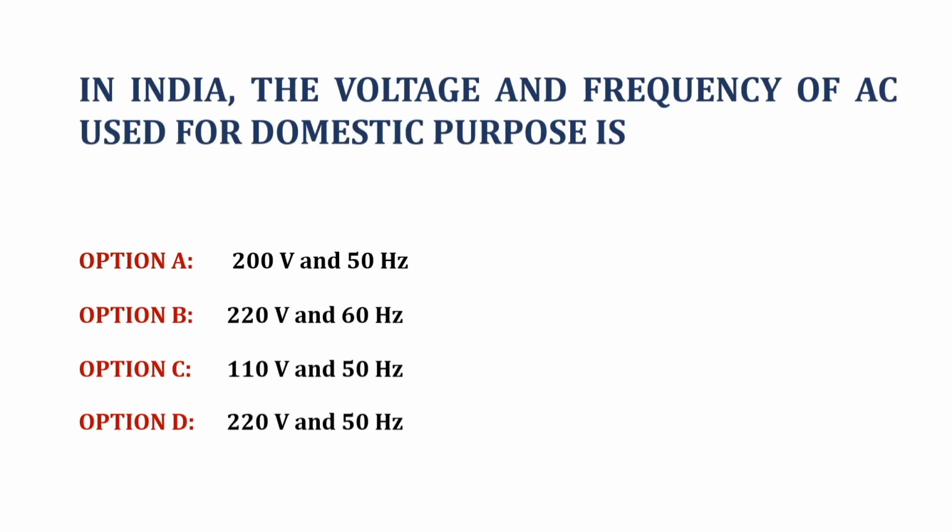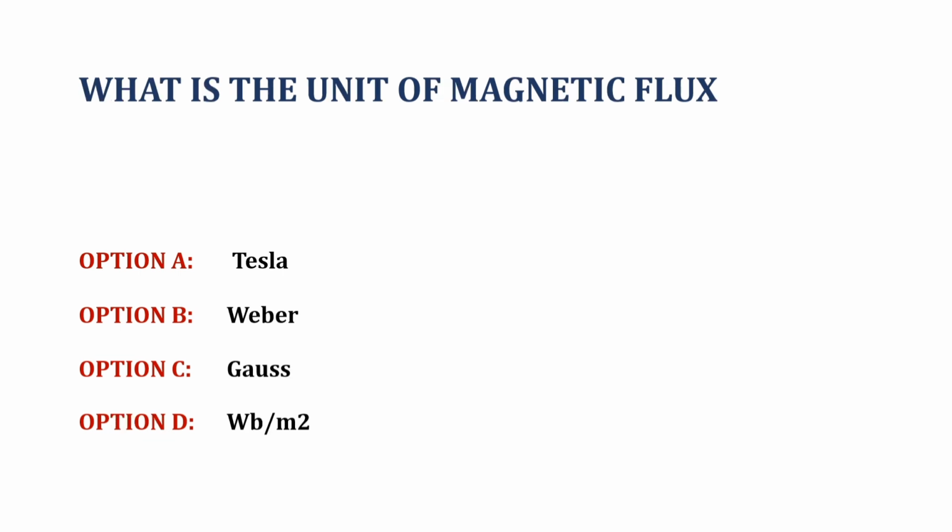In India, the voltage and frequency of alternating current used for domestic purpose is? Option D, 220 volt and 50 Hz. What is the unit of magnetic flux?